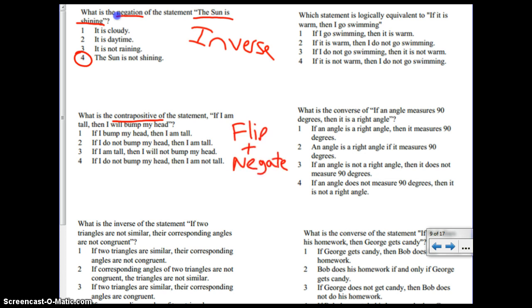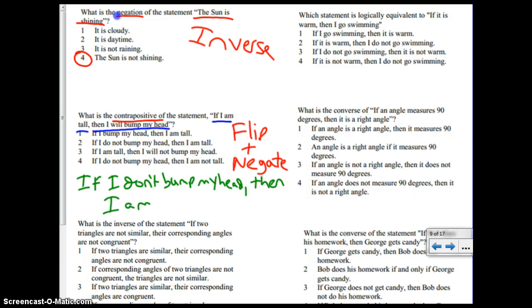So if I flip and negate the statement, if I am tall, then I will bump my head, it's going to look something like, if I don't bump my head, because that's the end negated and put up front. If I don't bump my head, then negative of if I am tall, then I am not tall.